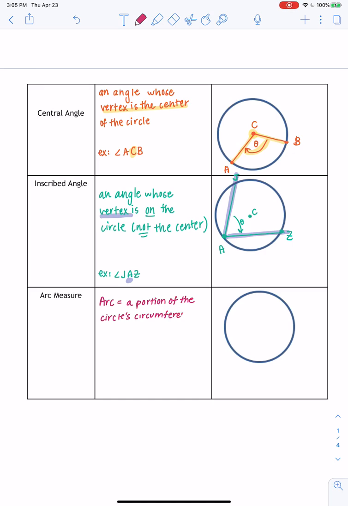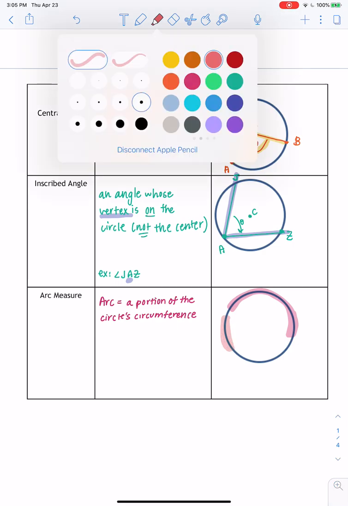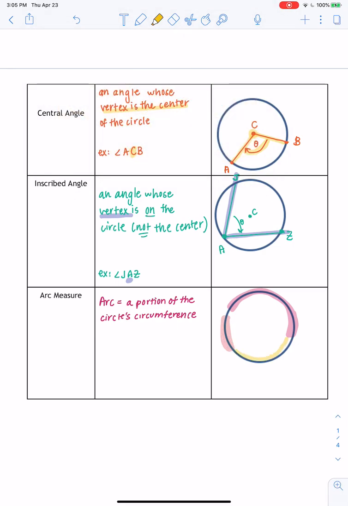And I'll show you in the diagram. What does that look like? So it could look like this right here. That's an arc. This is also an arc. That smaller portion. This is also an arc. These are all arcs. They're all portions of the circle.